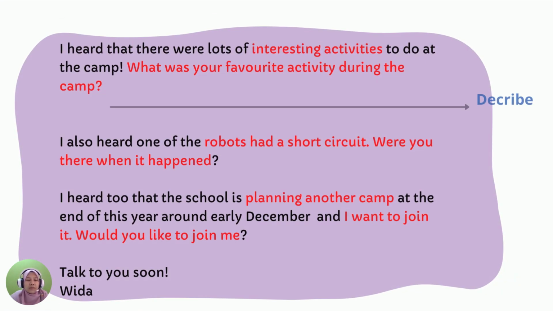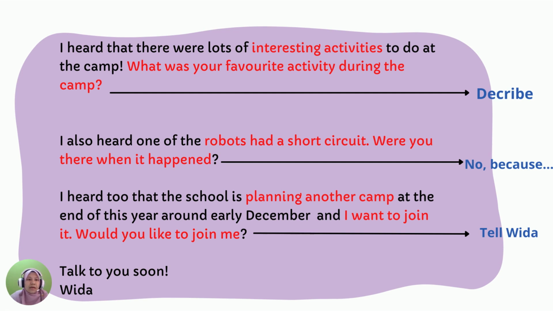Next part. I heard that there were lots of interesting activities. And what was your favorite activity during the camp? So as you can see, I have highlighted the important keywords that will help me later on in preparing for my answer.